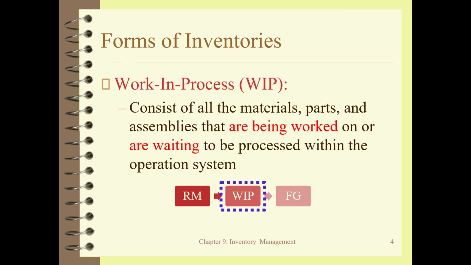And then once the raw material is used in the process, the first step in the process, the status of the raw material becomes work in process, starting from the first process until the end of the operation.